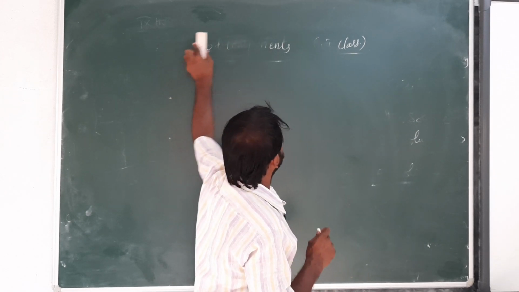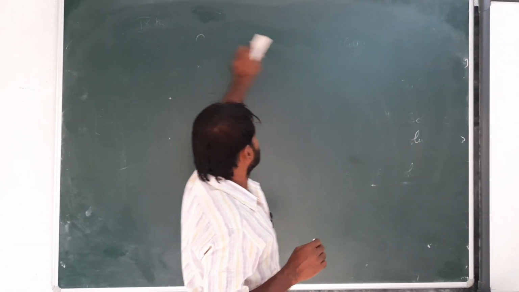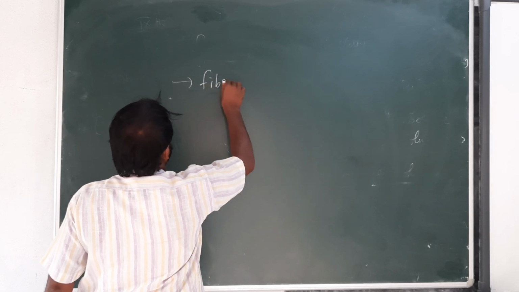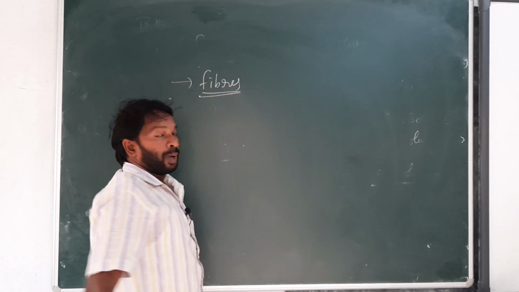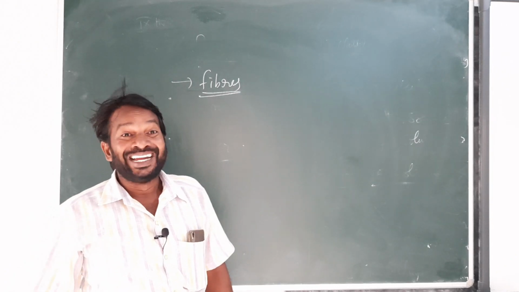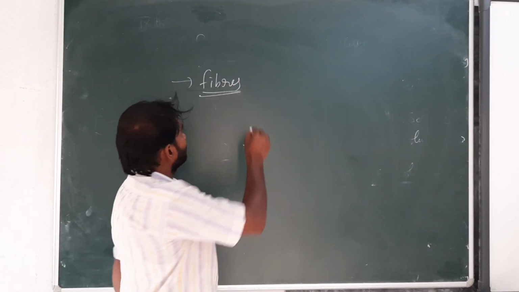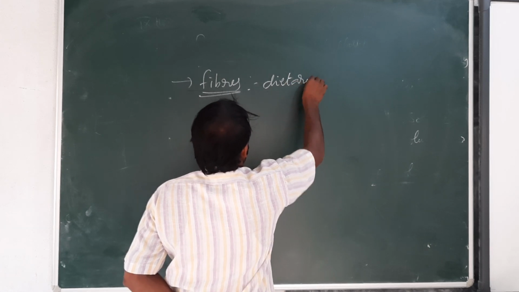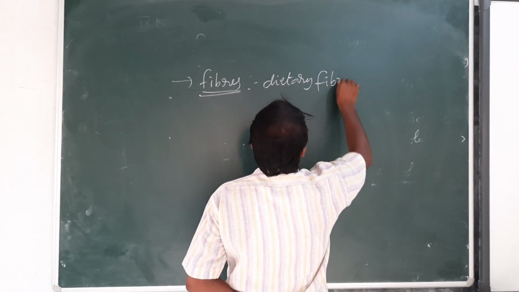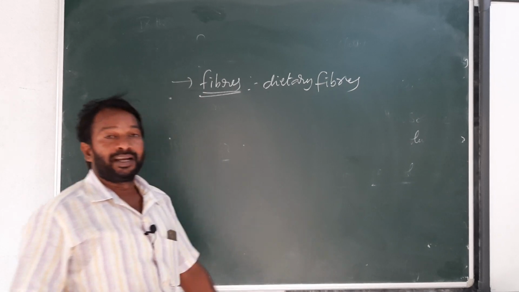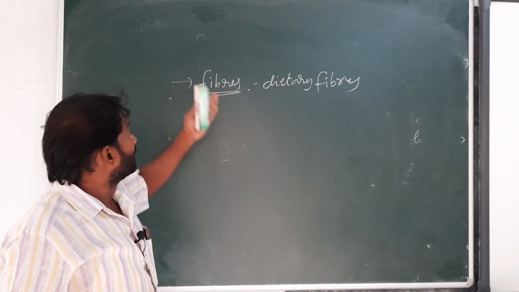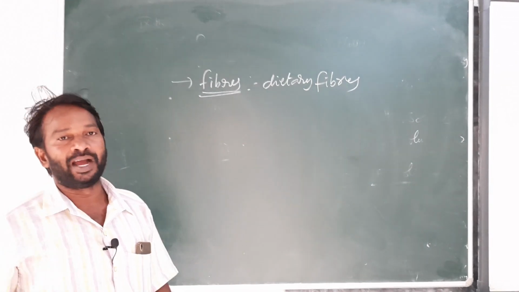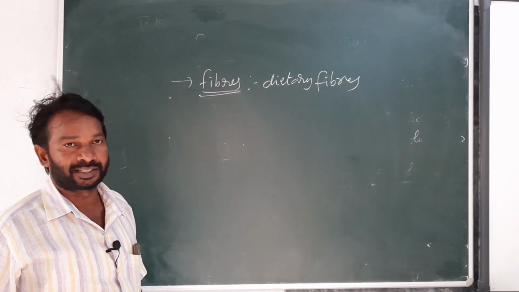The next one is fibers. Fibers are also called dietary fibers, and dietary fiber is nothing but one type of carbohydrate.